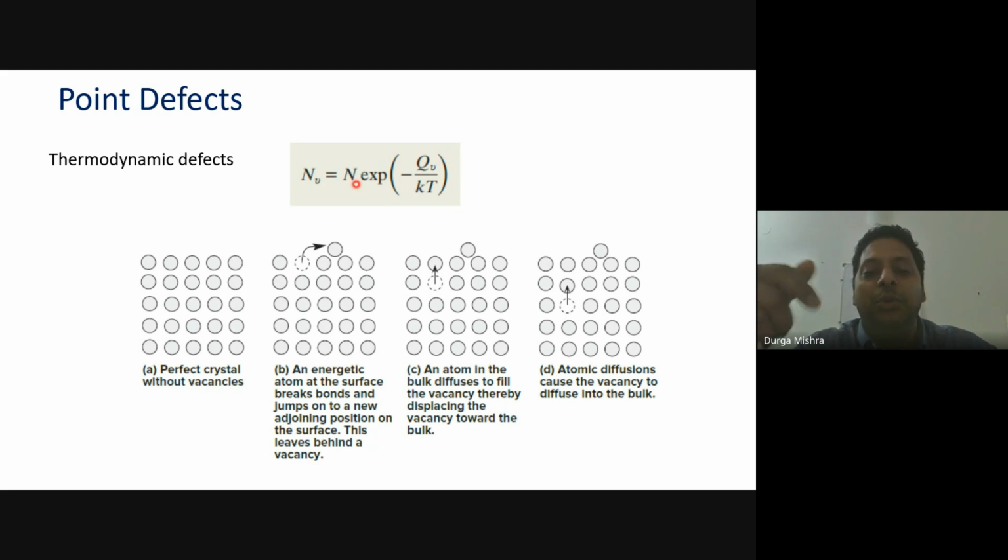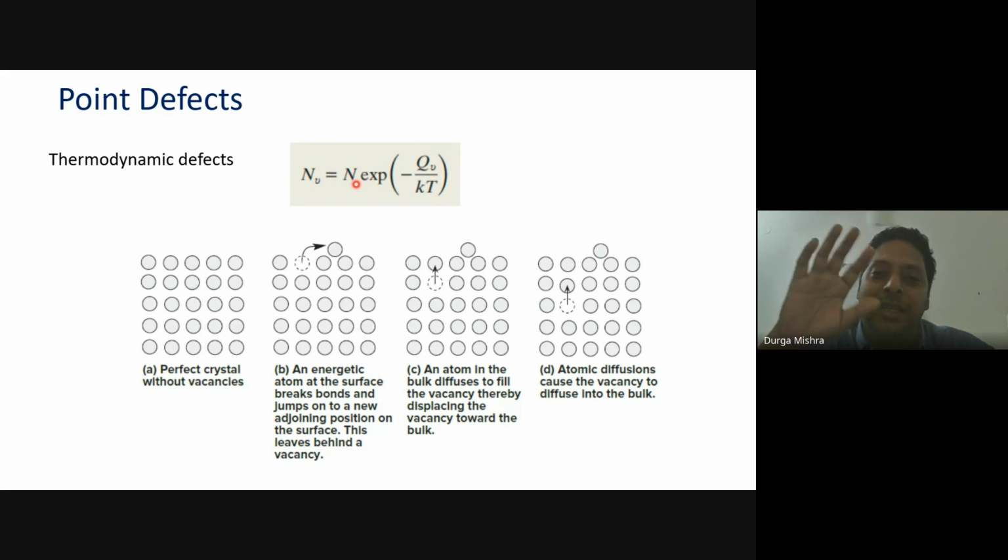From that you know the number of atoms per unit cell, and then you know the volume, and from that you can calculate how many unit cells there will be, and from there how many atoms there will be per unit volume.